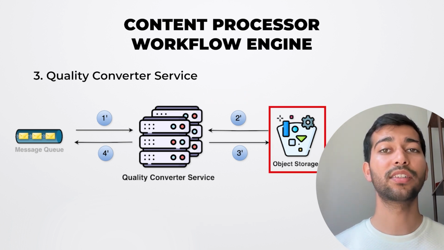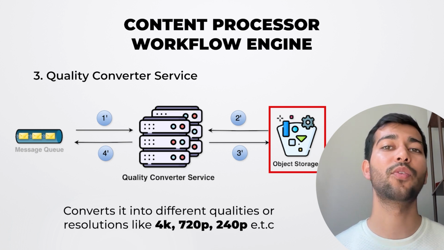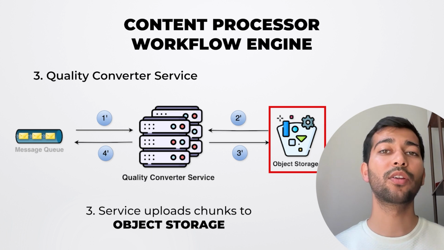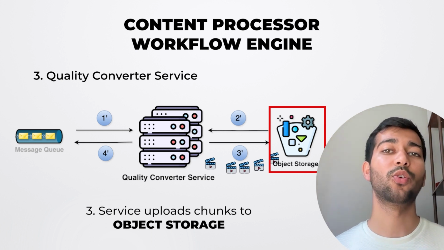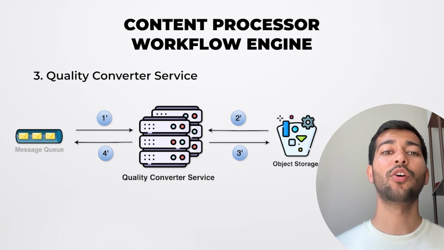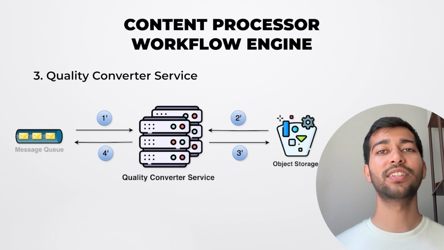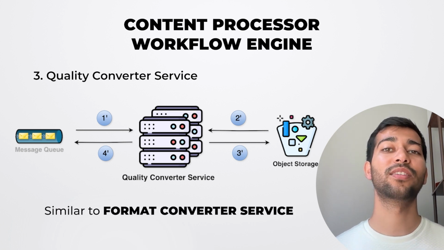It then converts it into different qualities or resolutions like 4K or 720p. The third step, where the service uploads the converted chunks to the object storage. And fourth, for each uploaded chunk, we create an event with the chunk ID and add it to the message queue, very similar to what the format converter service did.